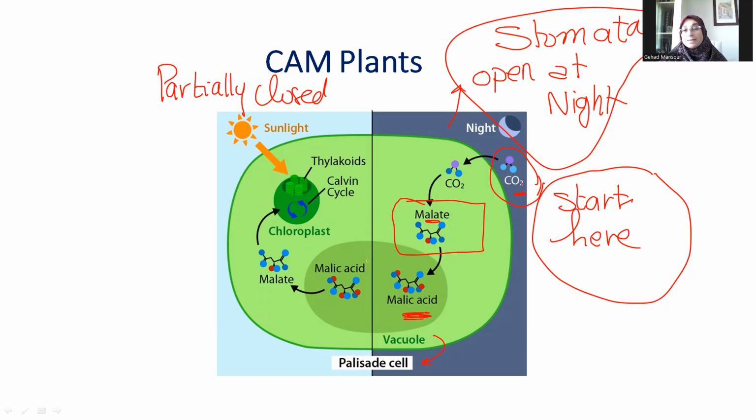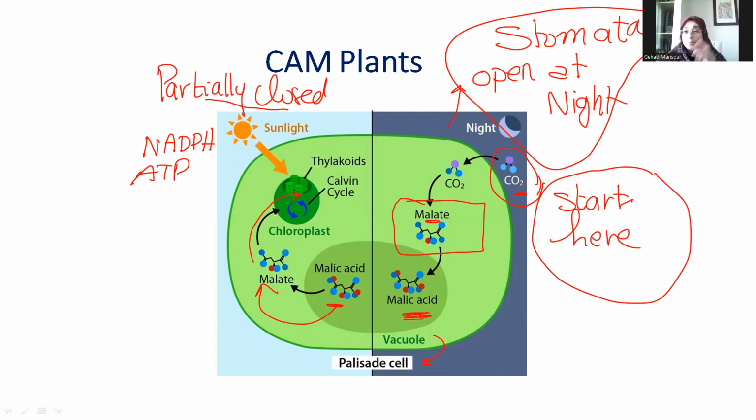And then during daytime, when the stomata are partially closed and light starts to reach the plant, we have light reactions that generate reduced NADP and ATP. Light reactions proceed. Now it's high time that we release malic acid from the vacuoles into the cytosol, then to the Calvin cycle, where it will release carbon dioxide again and start the Calvin cycle.